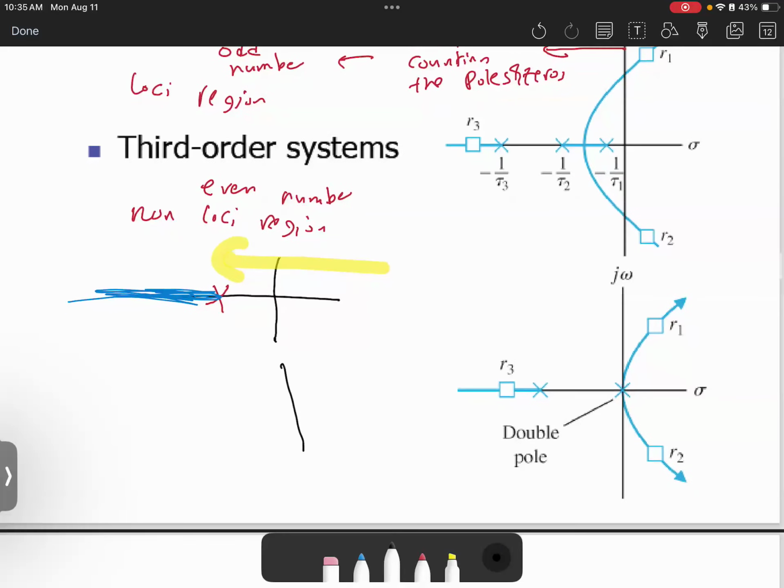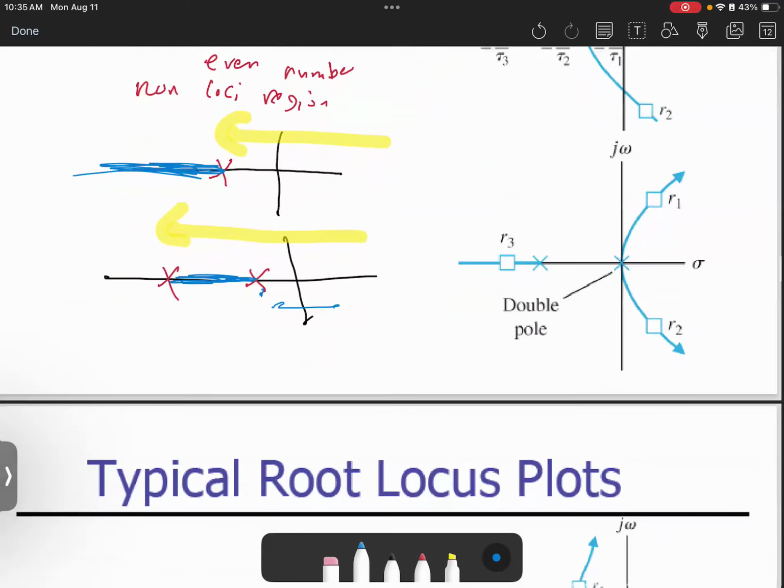Then the next thing, when we do it with the second order, as I mentioned earlier, here is a pole, here is a pole, then start counting from right to left. Here is one, this is odd, then here is two, this is even. This is a locus region. So what's the benefit of that?